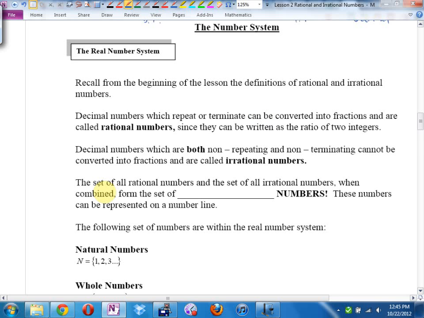If we take all of the rational numbers and put them in the same bucket as all of the irrational numbers and shake them up, we have a combination. We call these the real numbers, R-E-A-L. This is the set of real numbers.